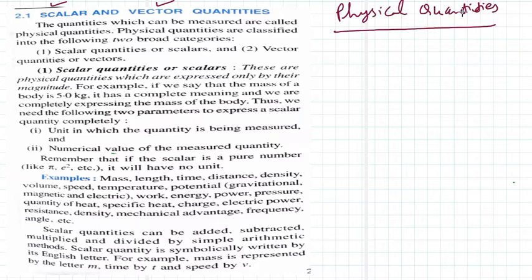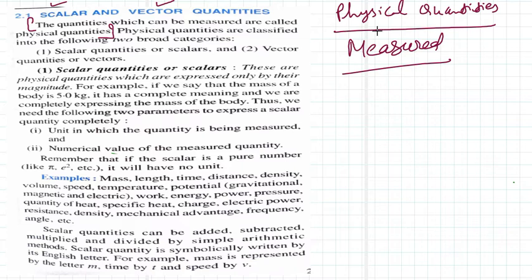What are physical quantities? The quantities that can be measured are called physical quantities. This is the definition of physical quantities.